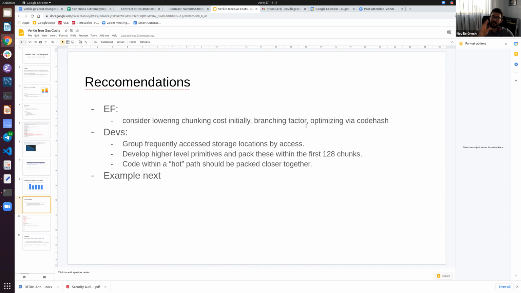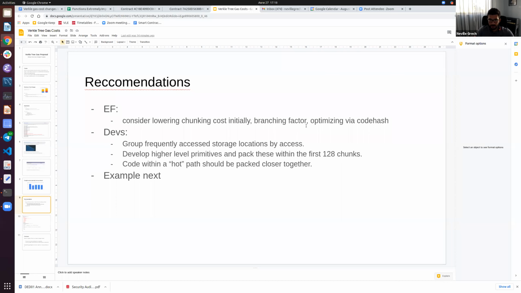It calls the same code for the different aTokens, but that code is deployed to different addresses, and so you have to pay the same chunking cost every time, even though it's exactly the same code. And so if the code is then indexed via the code hash, it will optimize that particular case.